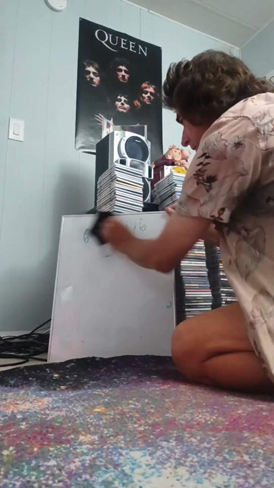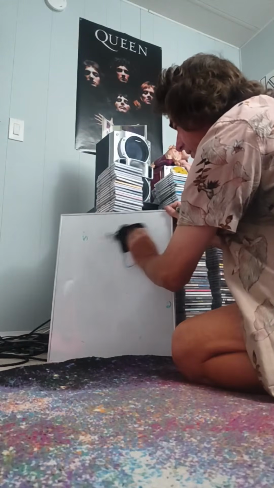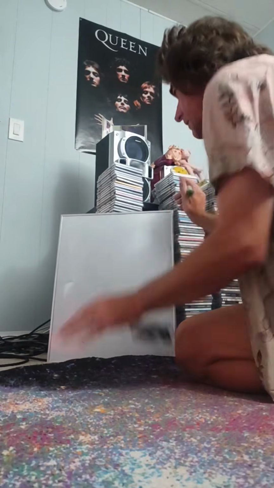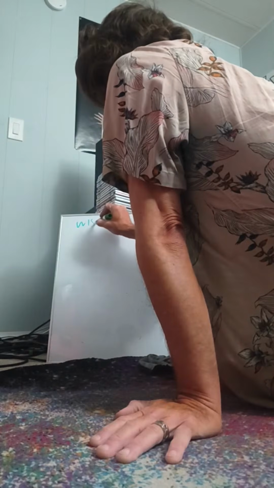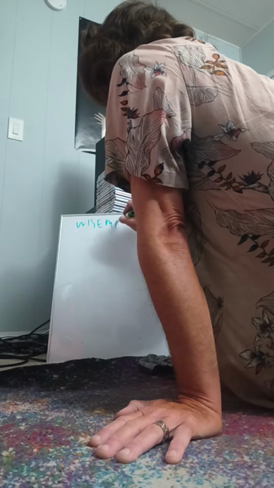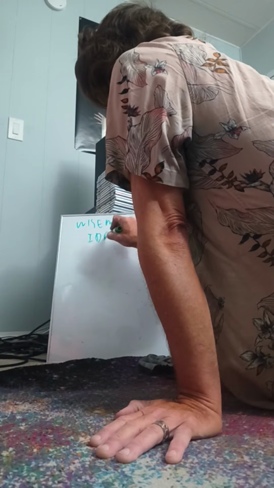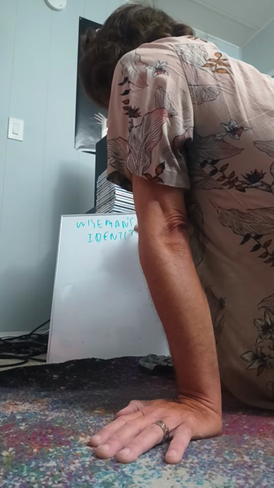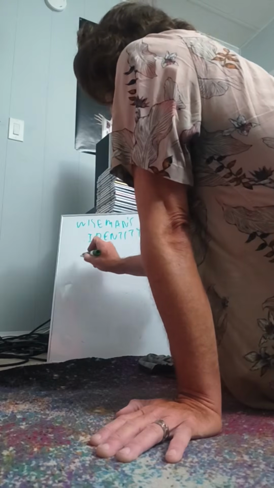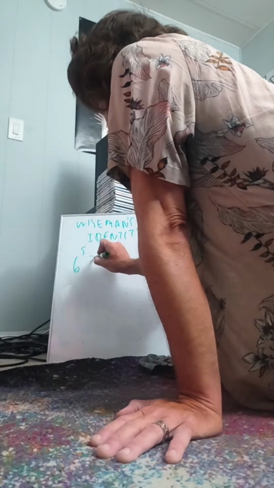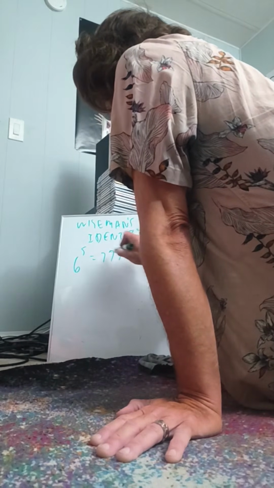I didn't state what I'm doing. I got to state it, of course. Weismann's identity. I've discovered that 6 to the 5th power equals 7,776.